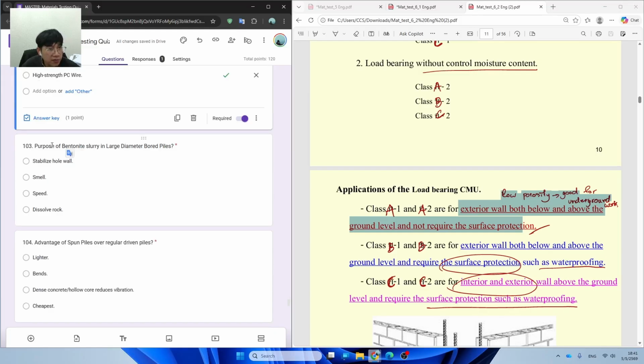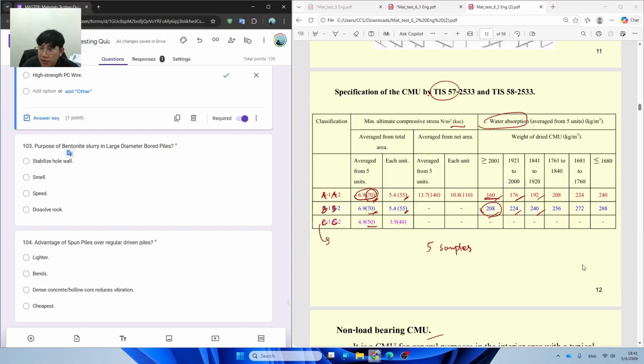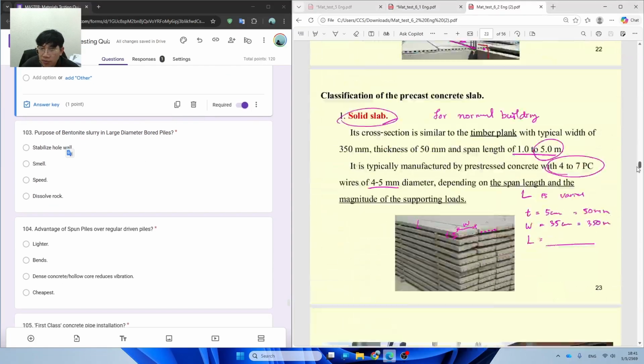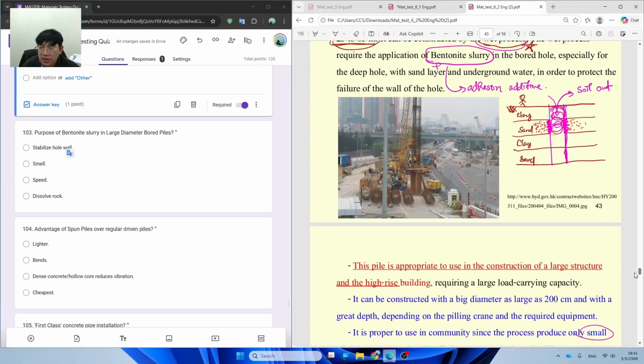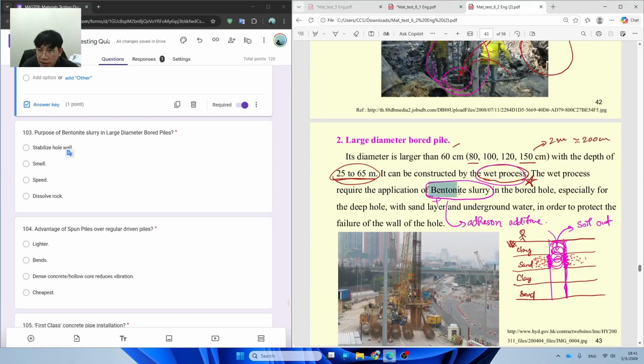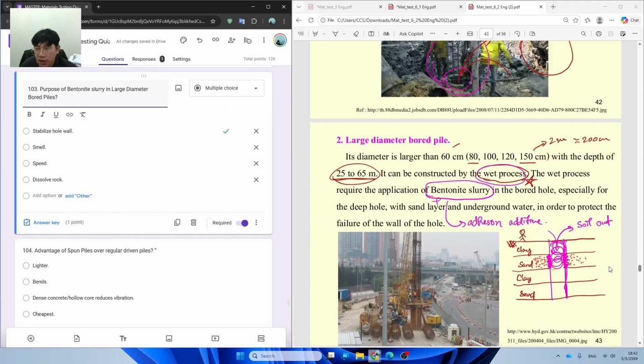103: purpose of using bentonite slurry in a large diameter bore pile. If we move to here, you can see that we use bentonite slurry in order to prevent the failure of the hole.